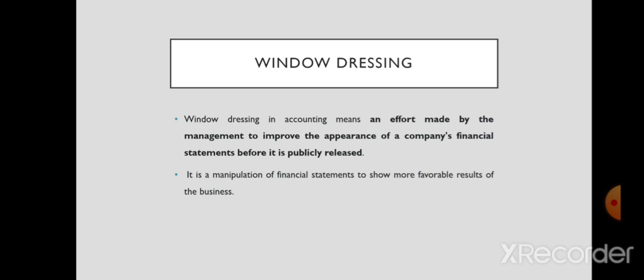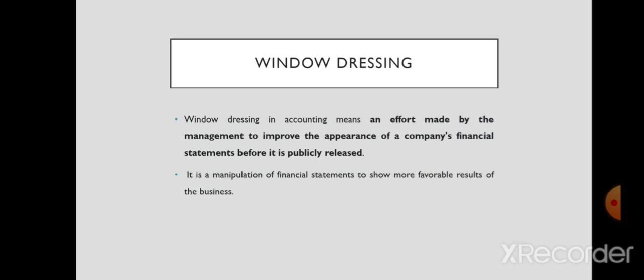What is this window dressing? It is an effort made by the management for improving the appearance of the company's financial statements before they are publicly released. It is very simple.